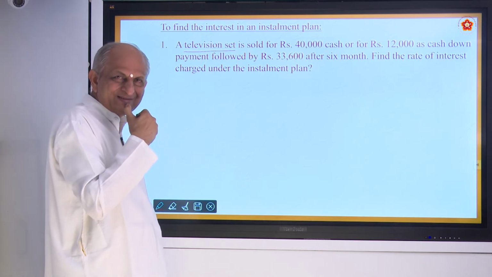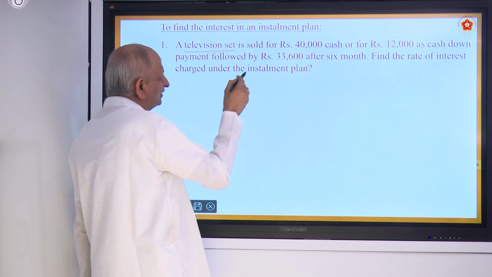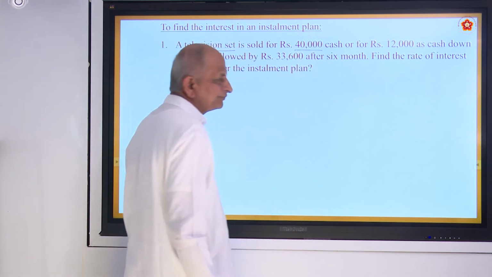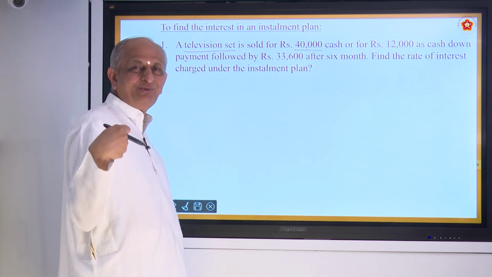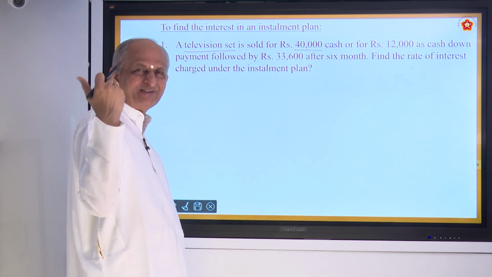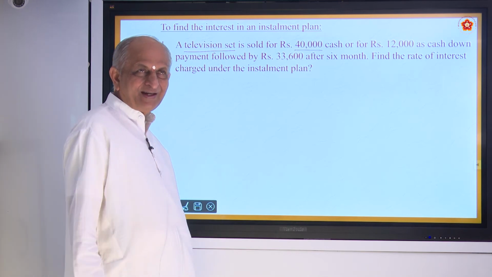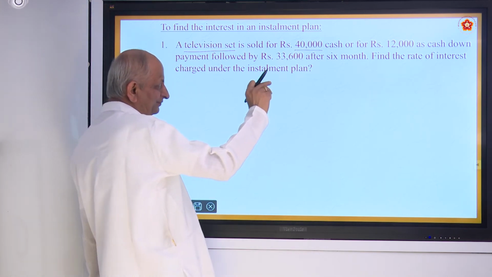Nowadays, so many varieties have come to the market. So it is sold for rupees 40,000 cash. Some of them will just throw the cash, meaning they pay once for all. 40,000 is the salary of 1 month for some of the IT people. So they give the cash.